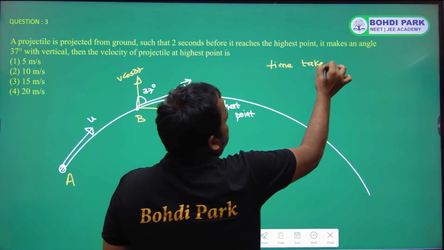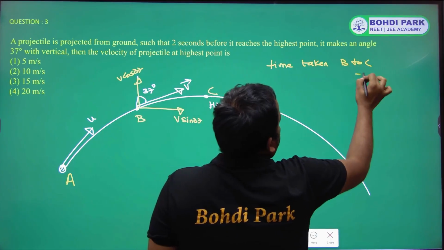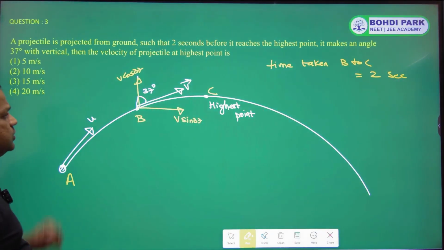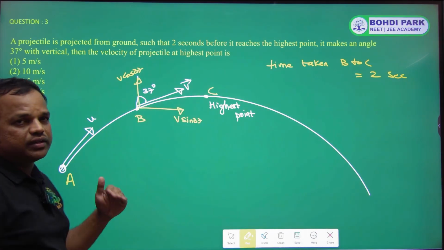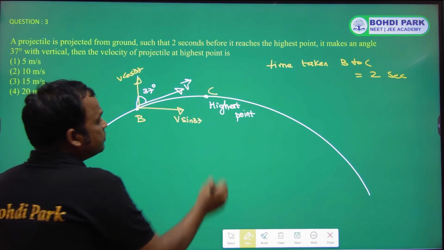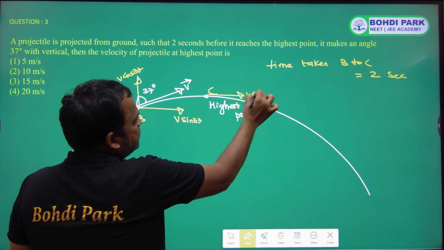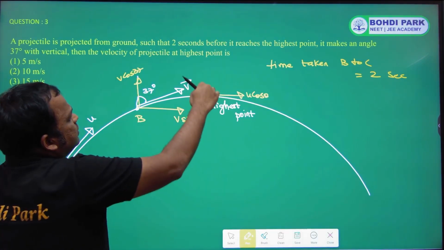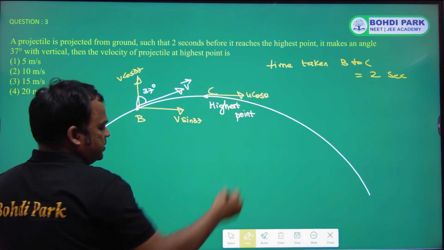Clear? So we can use the concept of vectors. At C, the velocity is u cos theta only in horizontal direction, and vertical component becomes 0.